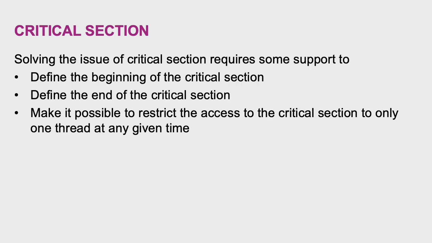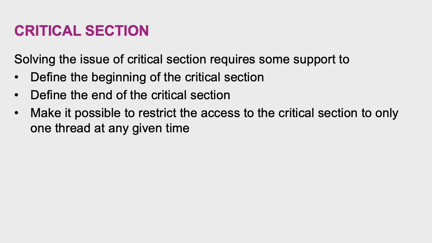Well, and how can we solve the issue of the critical section? It's necessary, first of all, to define the boundaries of the critical section, and this should be done in a programmatic way. So somehow the developer should define the beginning of the critical section and define the end of the critical section.